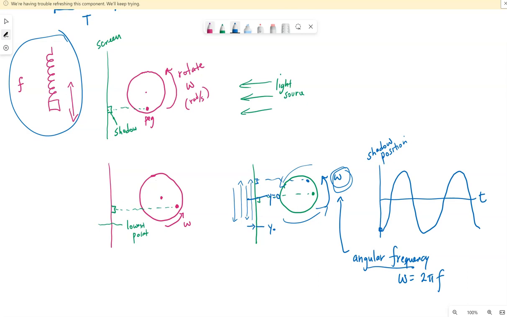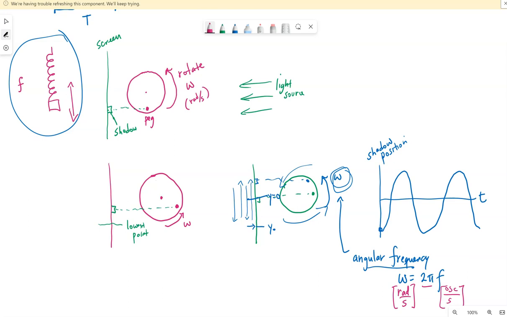Now, if you remember, or not, I suppose, units of omega will always be radians per second. And that's why we have this factor of 2 pi here: since frequency is oscillations per second, we have to multiply by 2 pi to get to radians per second.